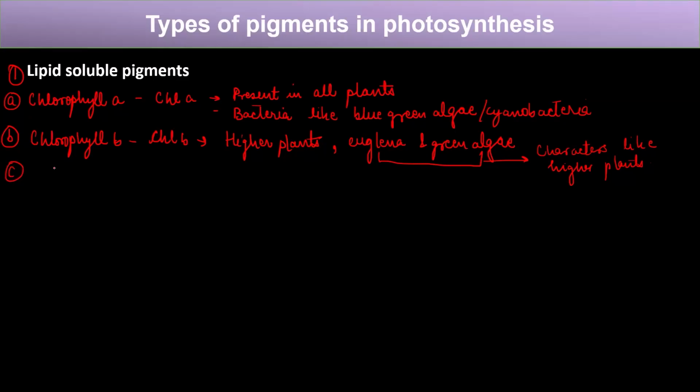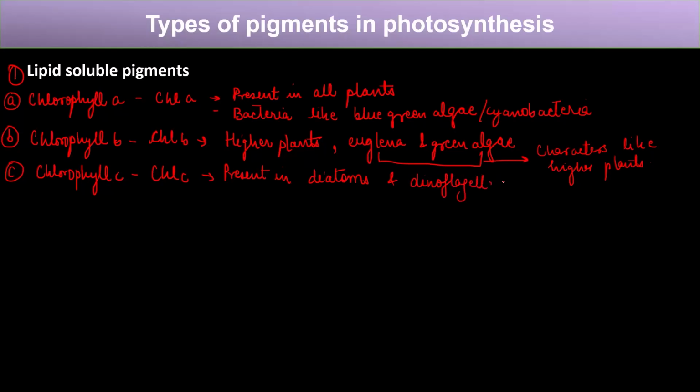Now, the third pigment is chlorophyll C. Chlorophyll C is represented by CHLC, and it is present in diatoms and dinoflagellates.